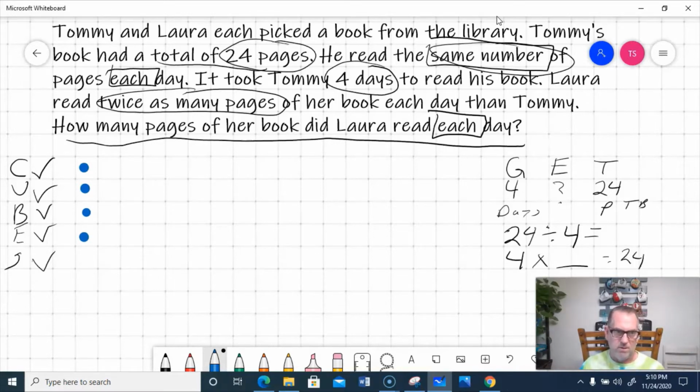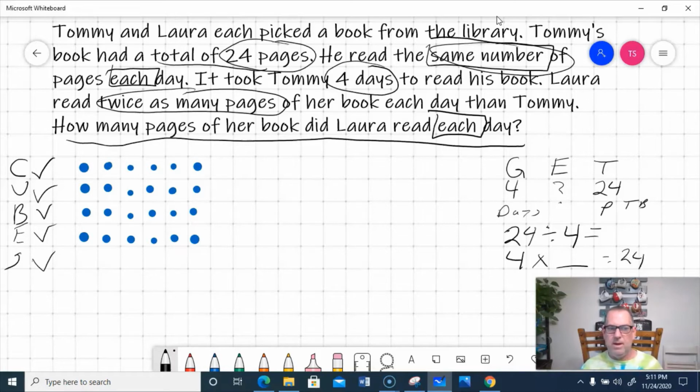That will tell me how many pages he read each day. So 4, 5, 6, 7, 8, 9, 10, 11, 12, 13, 14, 15, 16, 17, 18, 19, 20, 21, 22, 23, and 24. So that's the total amount of pages that he read.